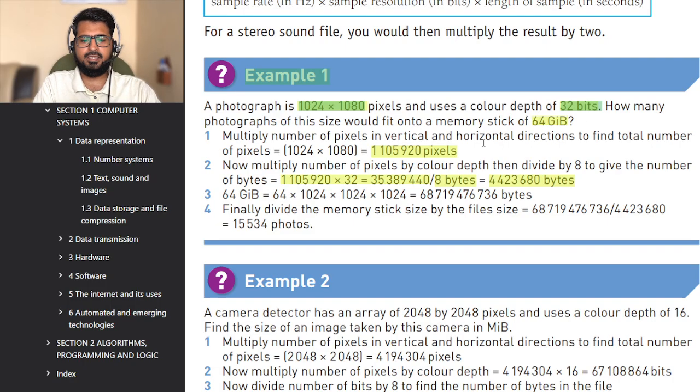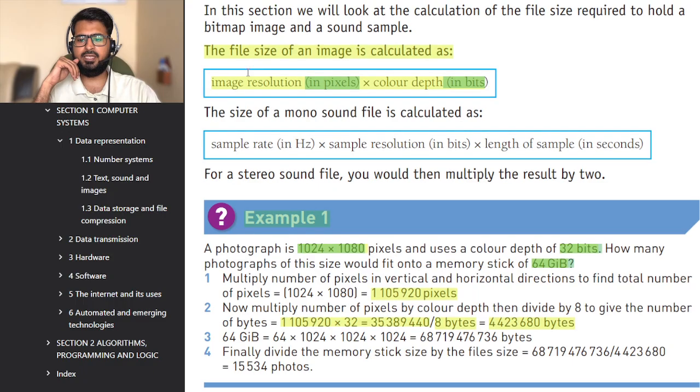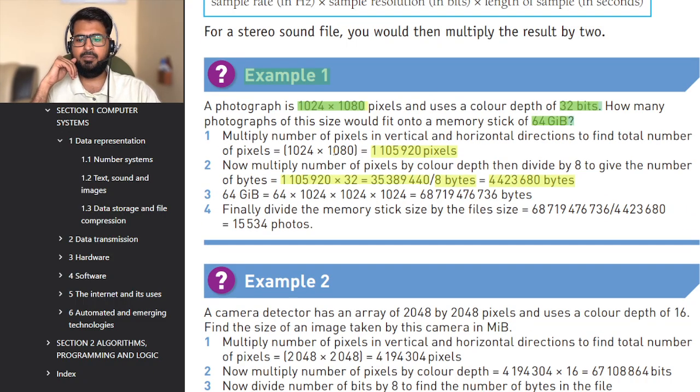Now let's calculate the size of the image, and then we will see how many images fit in that memory size. To calculate the image size, we need to multiply image resolution by color depth. The image resolution is 1024 multiplied by 128, which gives you about 1.1 million pixels, right?